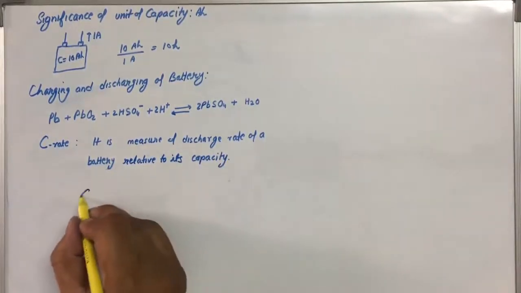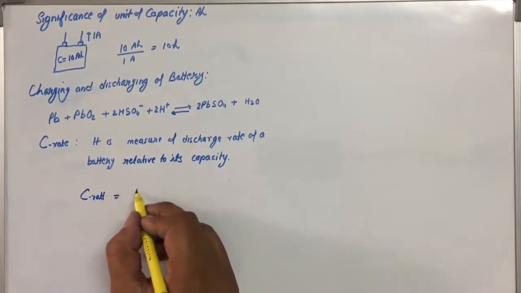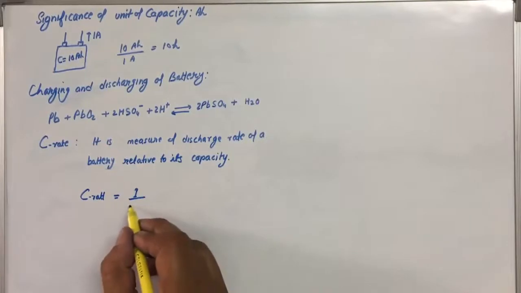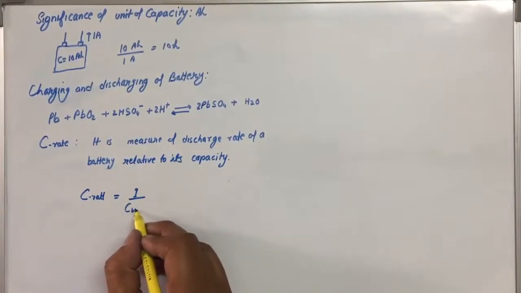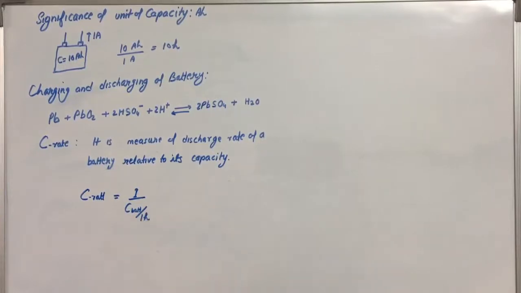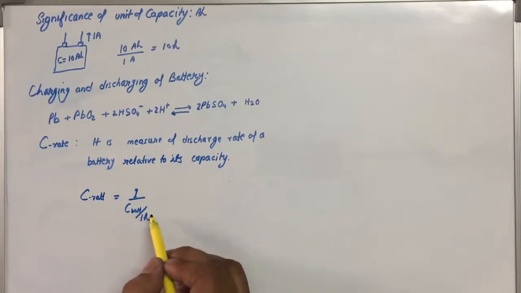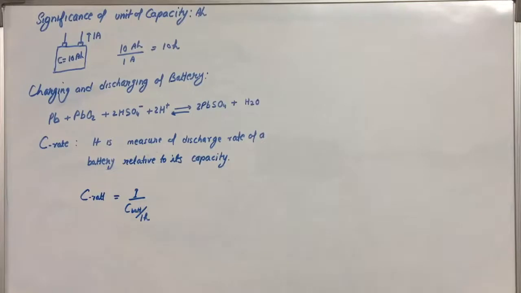Mathematically, C rate can be written as I divided by the capacity of the battery per unit hour. So from here we can say it is the current divided by the discharge current of the battery can sustain over 1 hour.